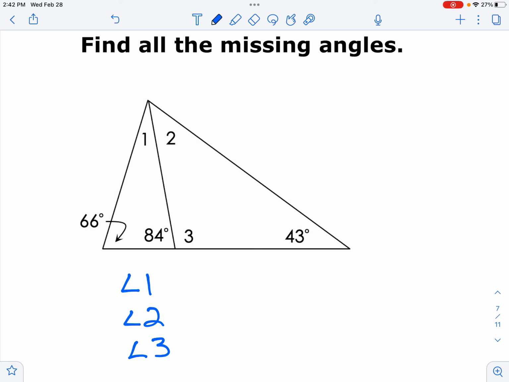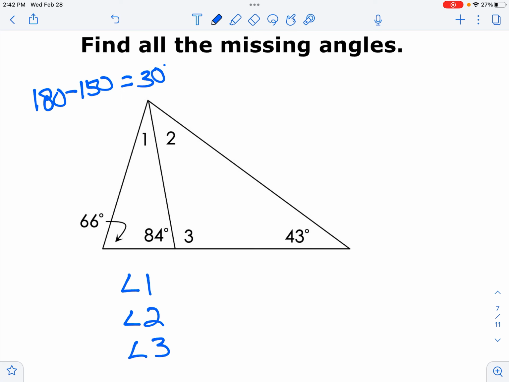Well, in this first triangle, I know that it has to add to 180. So 66 plus 84, if I add those two together, I get 150. Then to find angle 1, that would be 180 minus 150, which is 30.